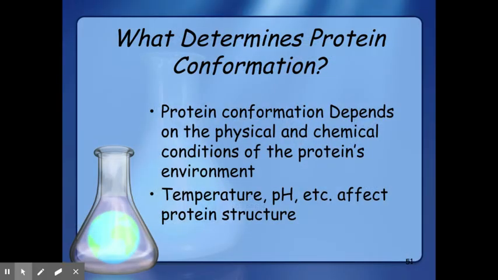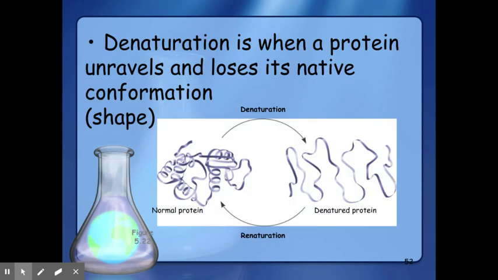So, protein conformation is determined by those interactions. It can also be determined by some things in the environment. Things like temperature and pH affect it immensely. An organism like a human is adapted to 98.6 roughly for our homeostatic mechanisms, and our proteins work best there. Our proteins at 98.6 we would say are normal.